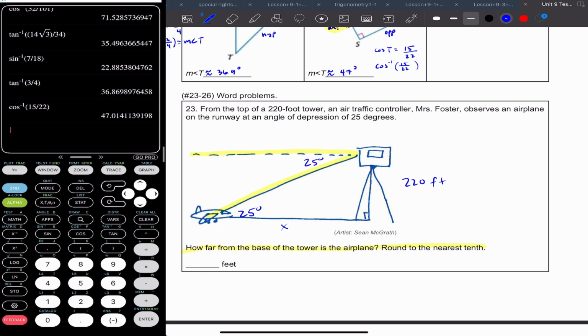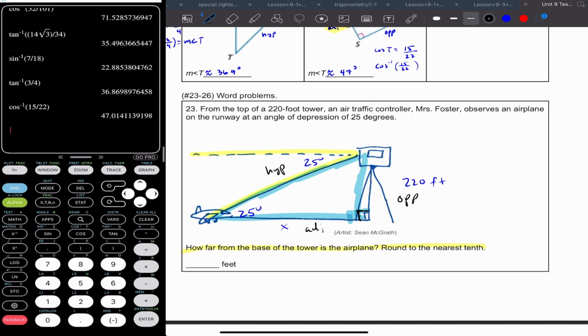And where do I begin? Well, I don't want to use this. I'm going to use this 25 because here, if you see this, it looks like a right triangle, right? So I can go ahead and label my figure here. This is my angle of reference, by the way. So this is opposite, this is hypotenuse, and then this is the adjacent side.